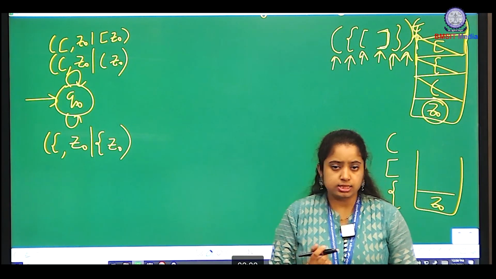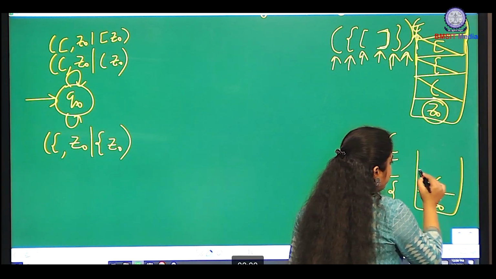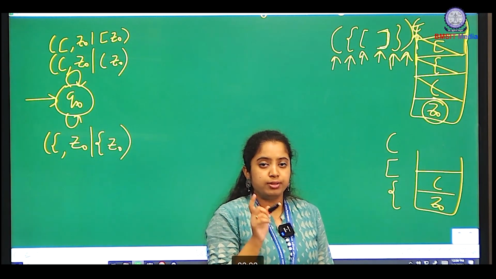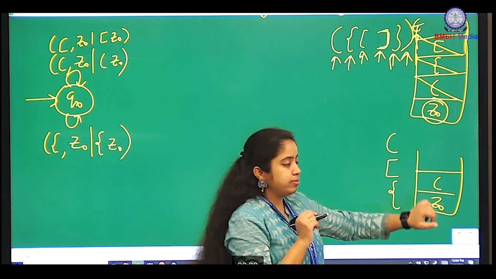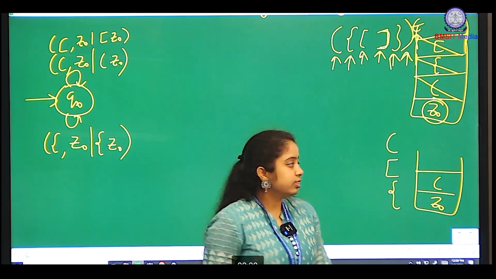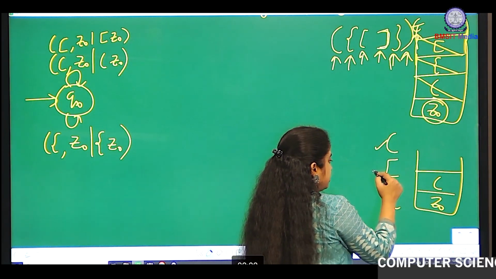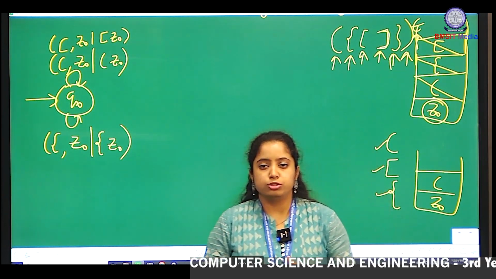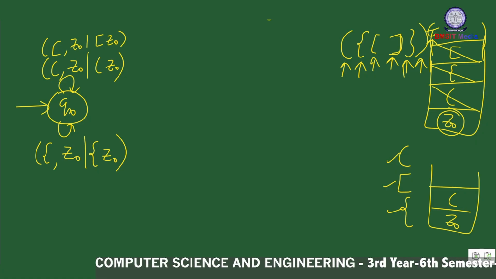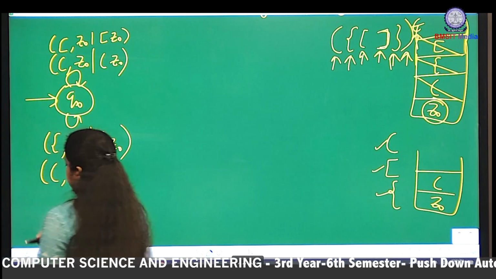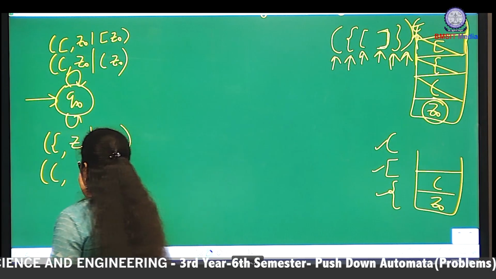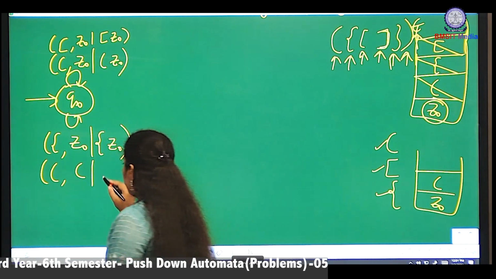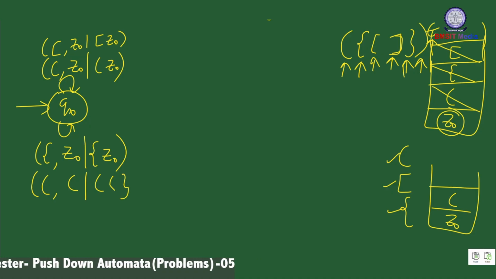Next, you might have an open simple parenthesis in the stack, and again you might get any of these as the input symbol. How will you write the transition for it? Your input symbol is open parenthesis and the stack has an open simple parenthesis itself. You simply push it onto the stack.